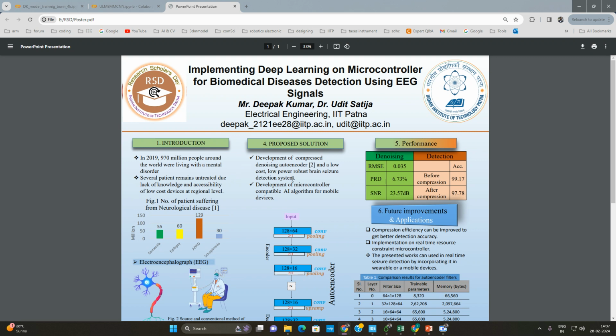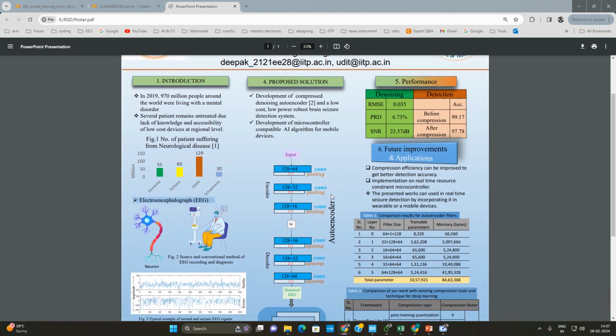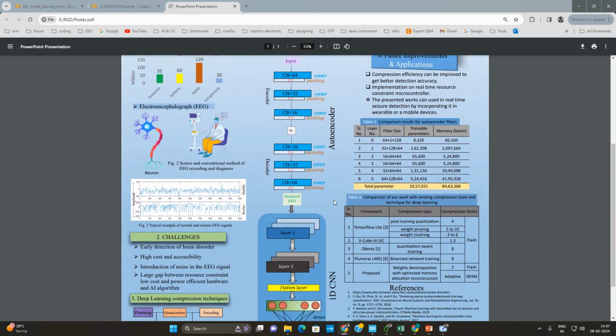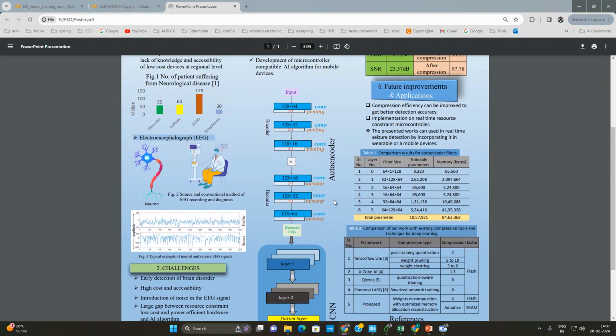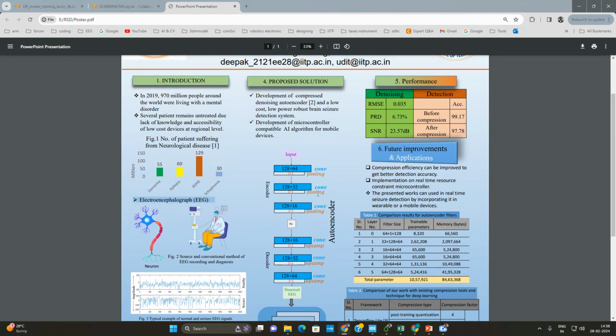To solve this, we have used a deep learning model to detect and classify the disease. In my proposed solution, first we have used an autoencoder having 6 layers of convolution and deconvolution layers.